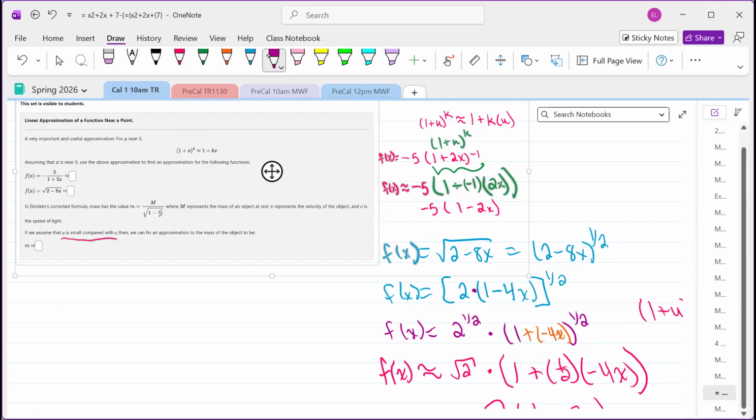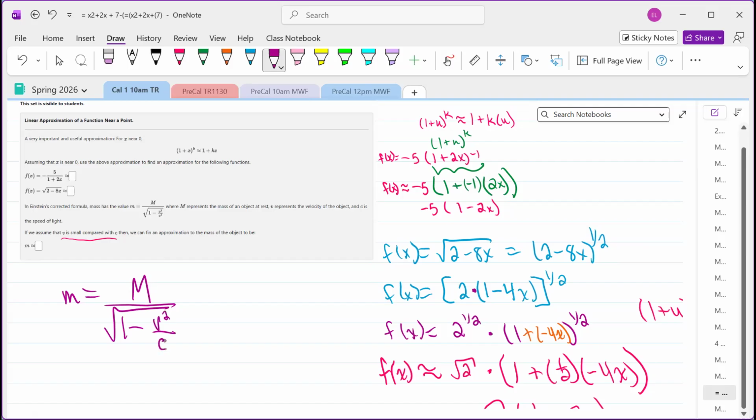All right, so let's write that stupid formula down. Little m equals big M divided by the weird square root of 1 minus v squared over c squared. C is a constant, and m here is another constant.